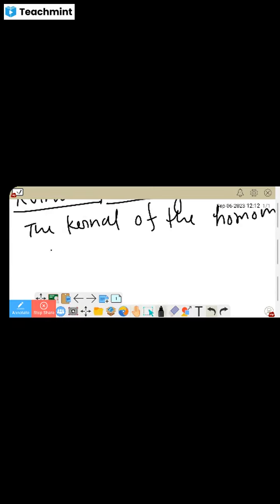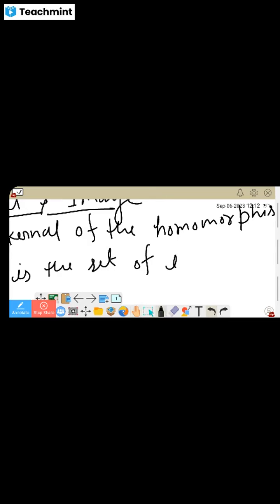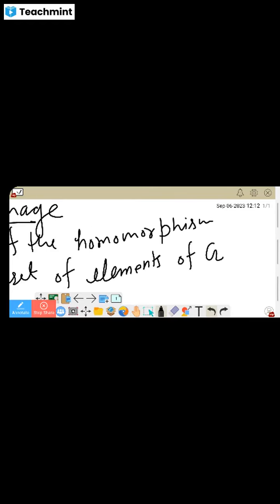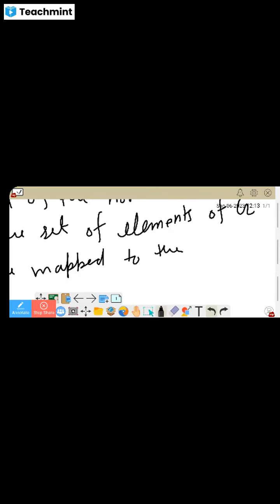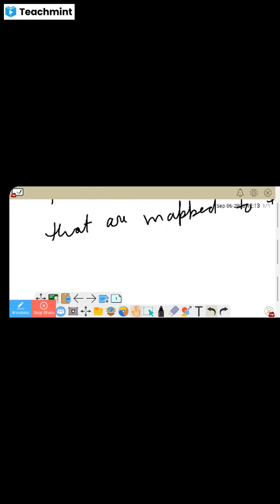The kernel of homomorphism F is the set of elements of G that are mapped to the identity of G dash.